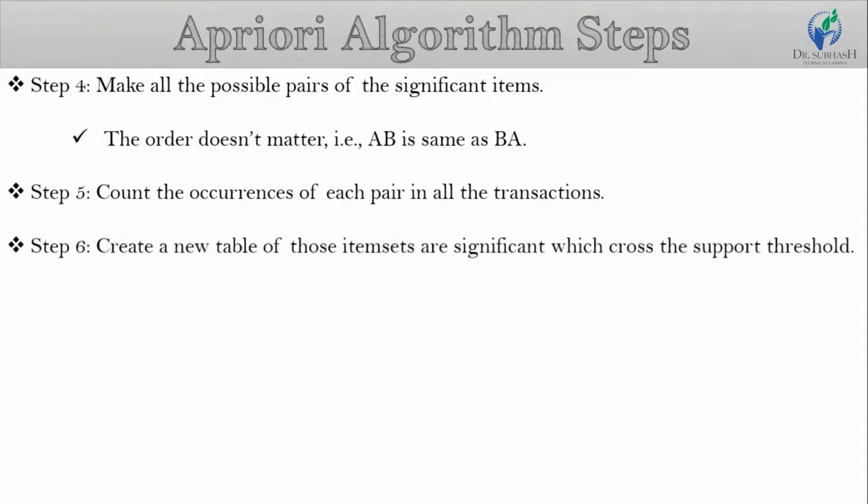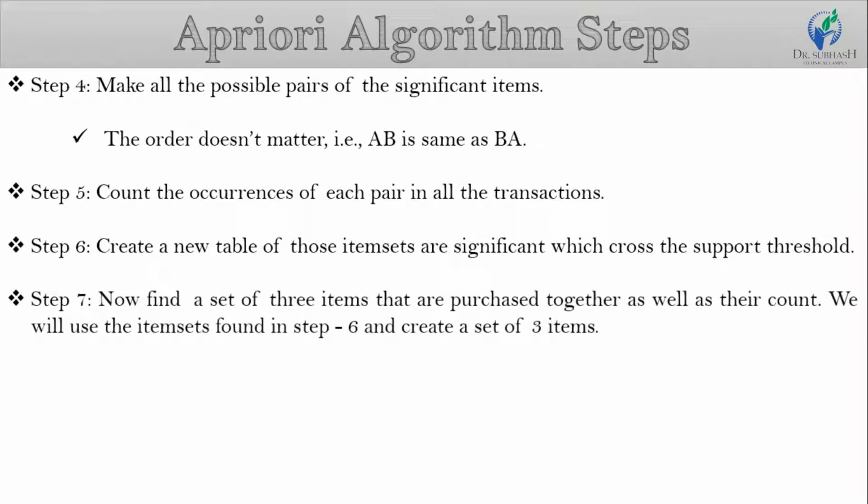Now in step 6, we create a new table of those item sets that are significant, which cross the support threshold. Now in step 7, we find a set of 3 items that are purchased together, as well as their count. We use the item sets found in step 6 and create sets of 3 items.